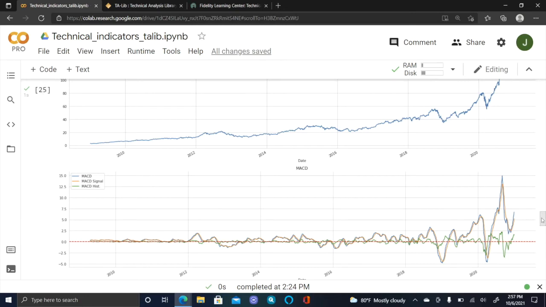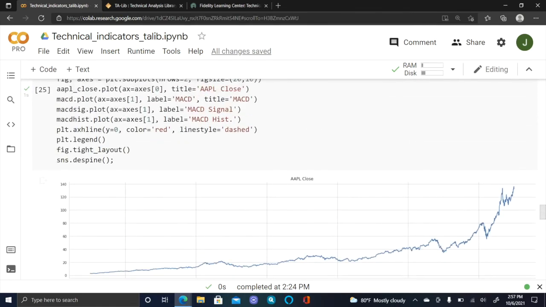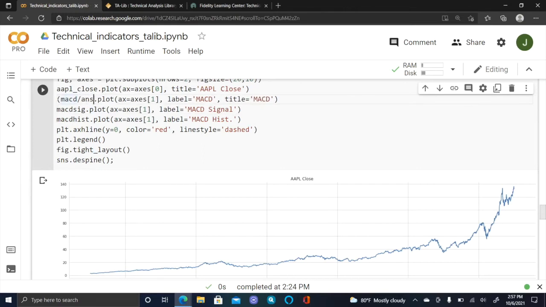So you can see how MACD is relatively small here compared to over there. We could actually divide all of those, and we're going to try this real quick, by the absolute value of the maximum. So the absolute value of MACD and the maximum of that.